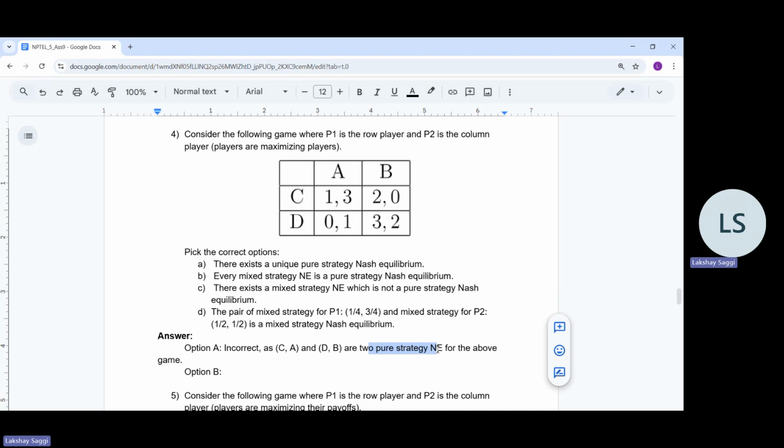It's not too hard to see why, but maybe we'll just see here. Note that C comma A and D comma B are two pure strategy Nash equilibria. So this is a Nash equilibrium and this is a Nash equilibrium.